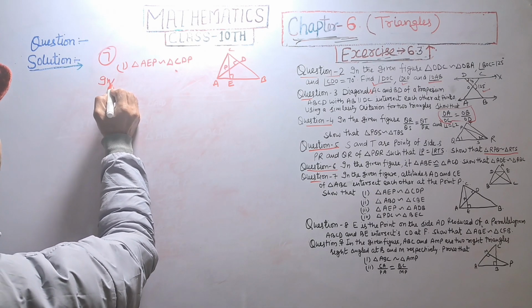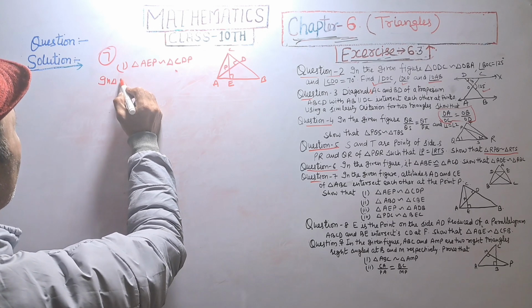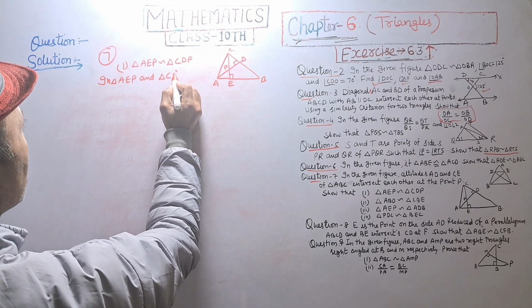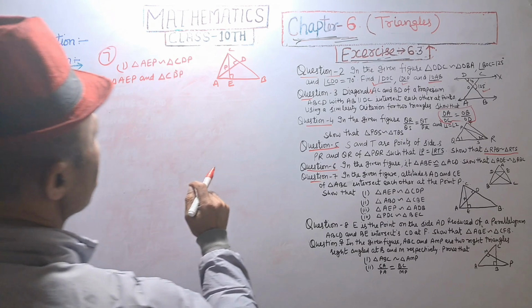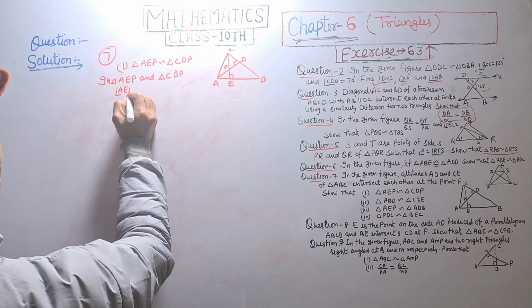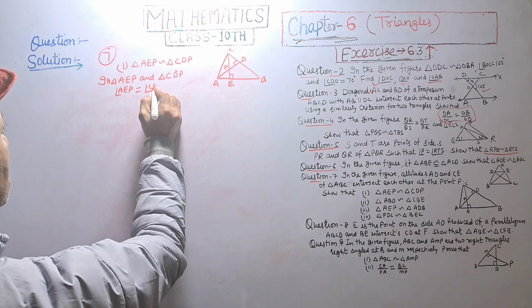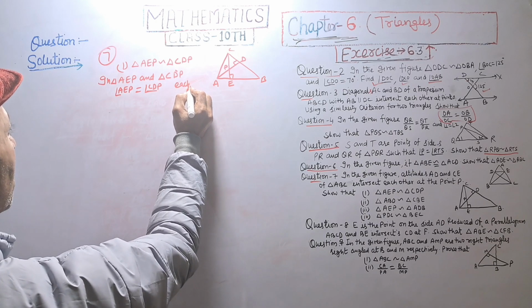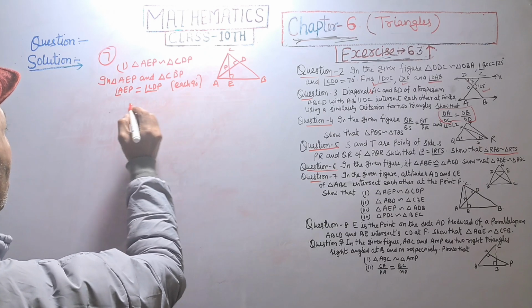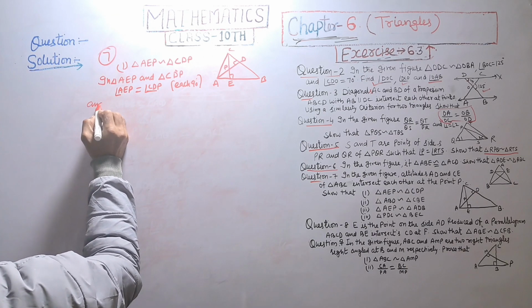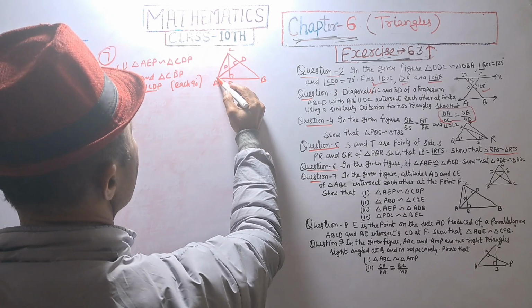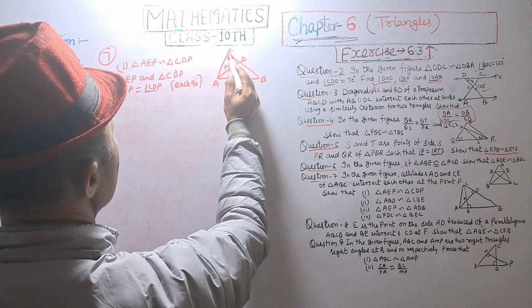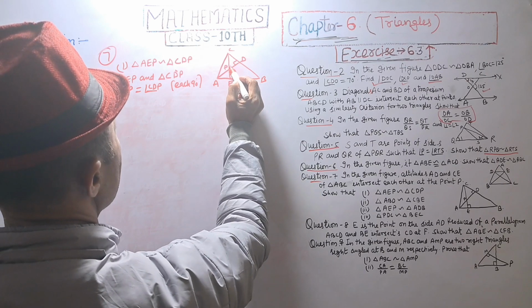In triangle AEP and triangle CDP, angle AEP and angle CDP are each 90 degrees, and angle APE is equal to angle CPD, that is vertically opposite.